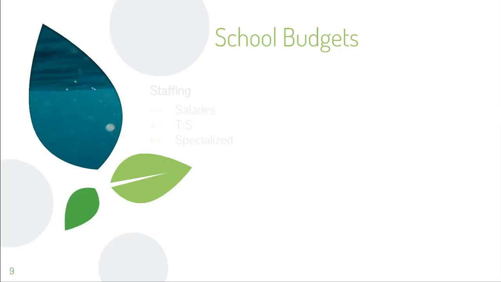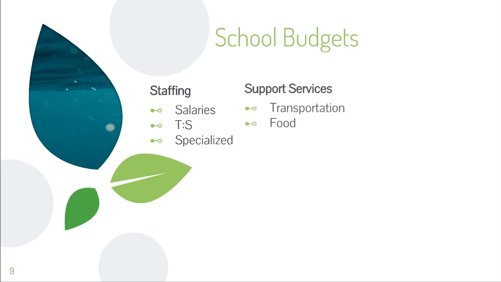This next slide shows some of the big expenses in a school budget. First, we have staffing. There has been a need to increase the number of teachers and therefore salaries to reduce teacher student ratios, and also the increase in the number of specialized teachers and other staff needed to serve students with special needs. Moving on, we have support services, which broadly include transportation and food.